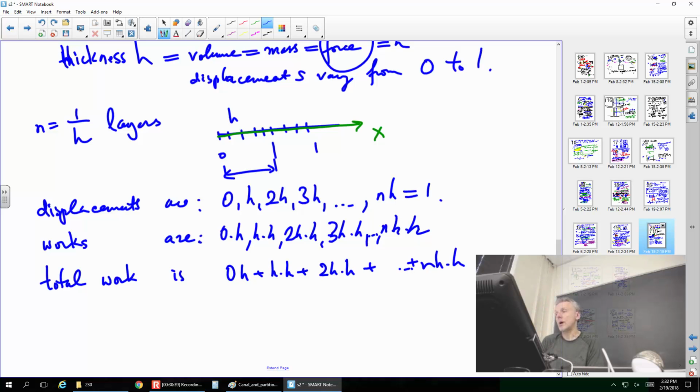Clearly all of these are squares, so if I factor h squared out, what I am left with is 0 plus 1 plus 2 plus up to n.